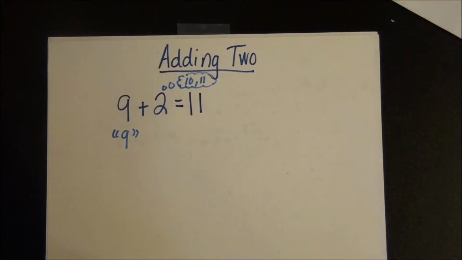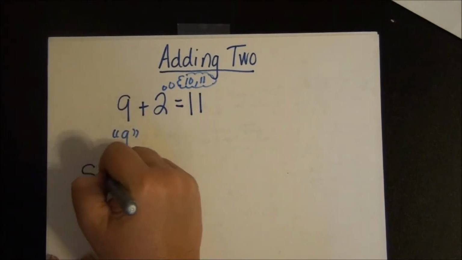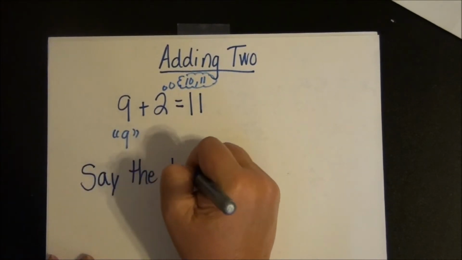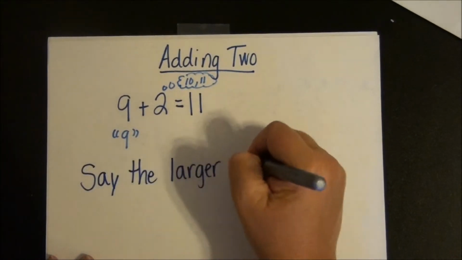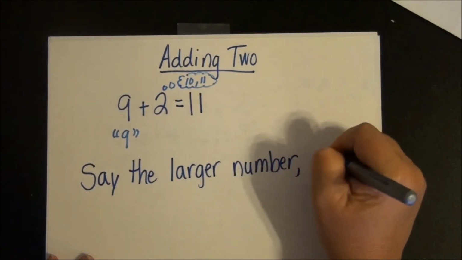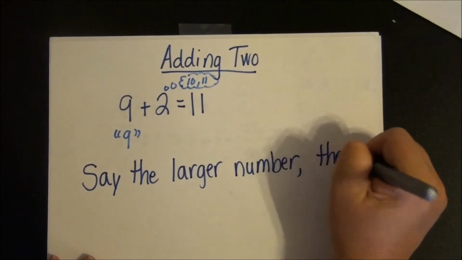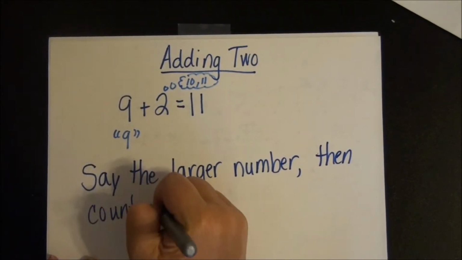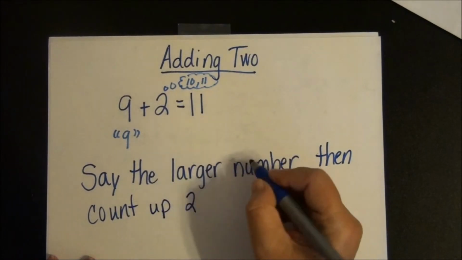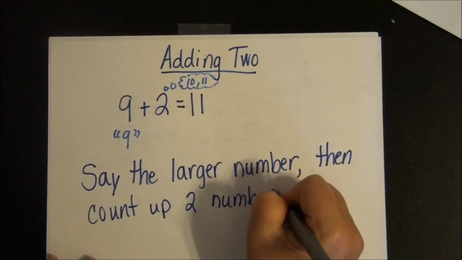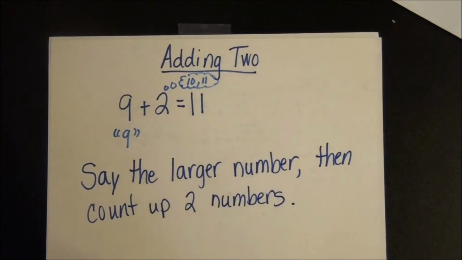So you will say the larger number, then count up 2 numbers. I'll do one more for you.